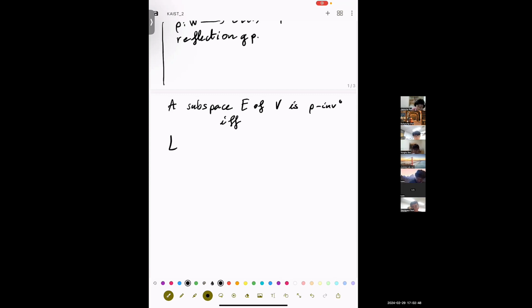Important for the next. The first case is when E is included in V_alpha. What is V_alpha? V_alpha is the intersection of all the kernels of my linear forms. Remember, I have a group generated by reflections, so sigma_i(x) is equal to x minus alpha_i(x) v_i. I take the intersection of all the kernels of the alpha_i, and that gives me the space V_alpha.